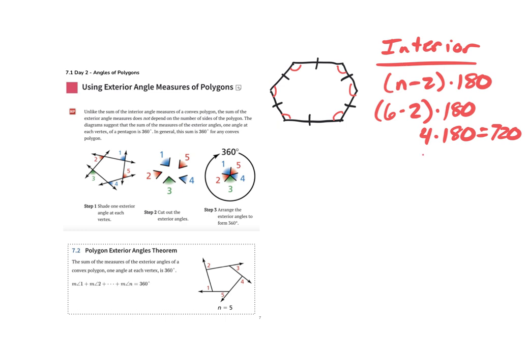So because they're all equal, I can divide it by 6, and I can get each individual angle. So each one of the angles on the inside of that hexagon would be 120 degrees. 120 added together 6 times would get us up to 720. Okay? And that was really our focus yesterday.